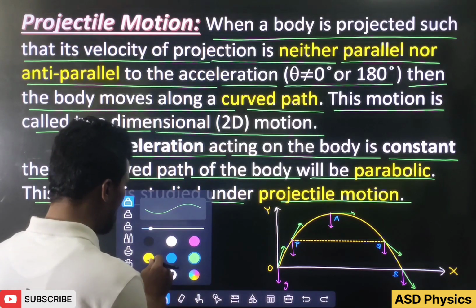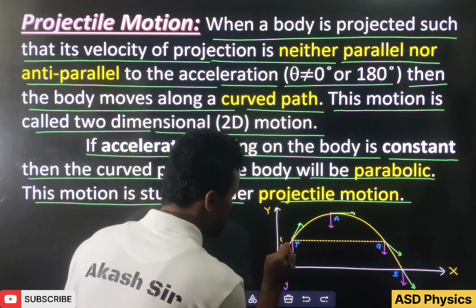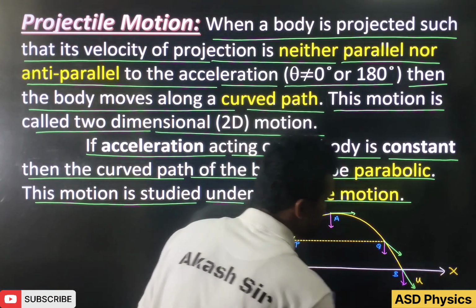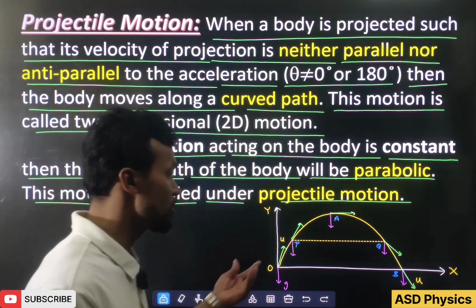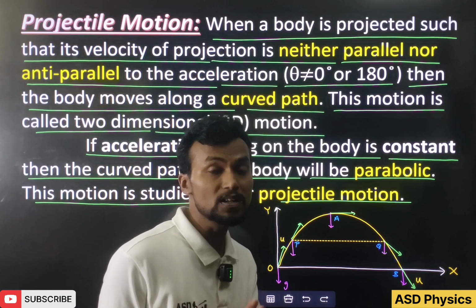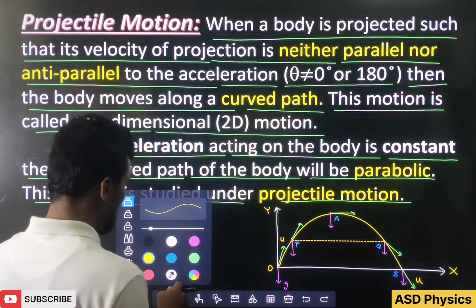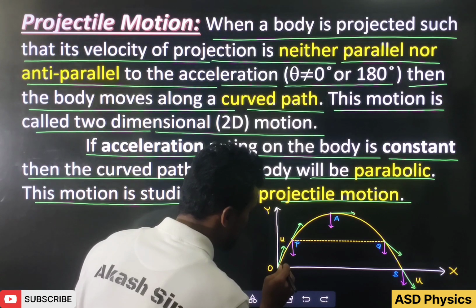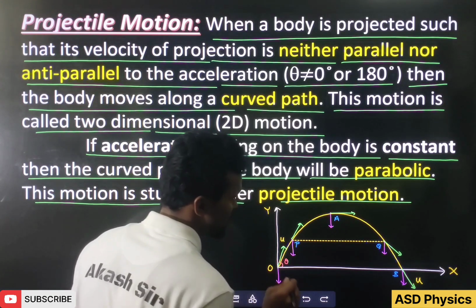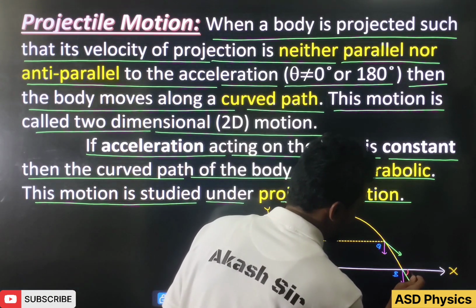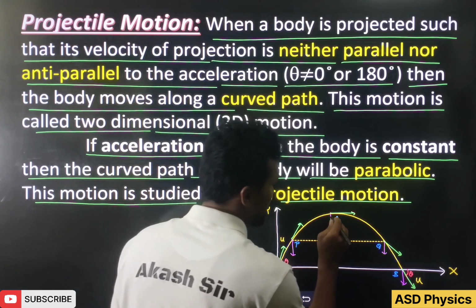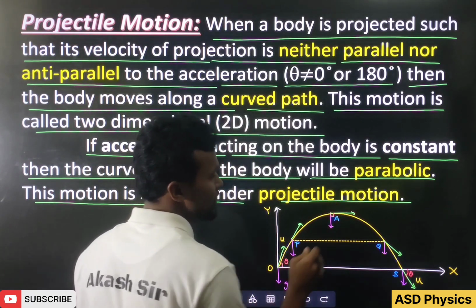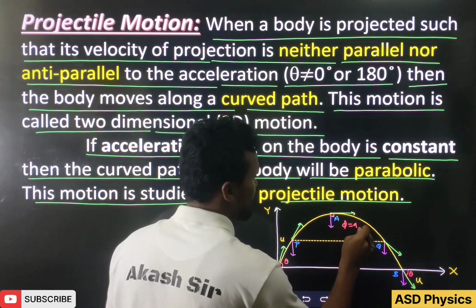Remember, if we throw with speed u in the absence of air, then it will hit the ground also with speed u. Velocity is different because direction is different, but speed will be the same. Now about the angles: let's take this angle as theta. By symmetry, this angle will also be theta, and this angle is 90 degree, so we can say phi equals 90 degree.